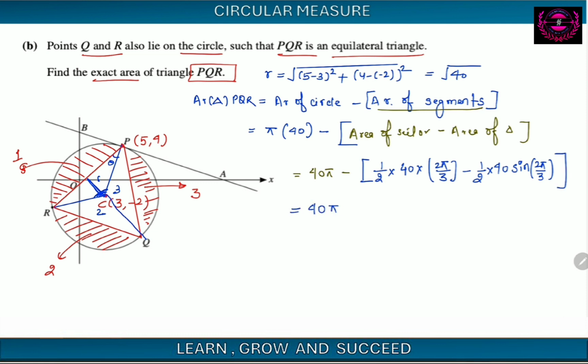which is 40 pi by 3 minus half into 40 into sine 2 pi by 3.